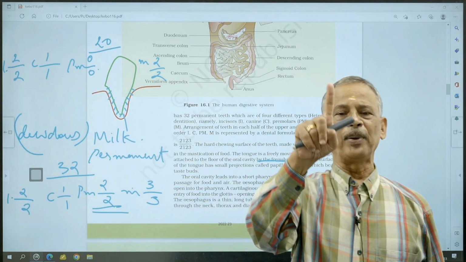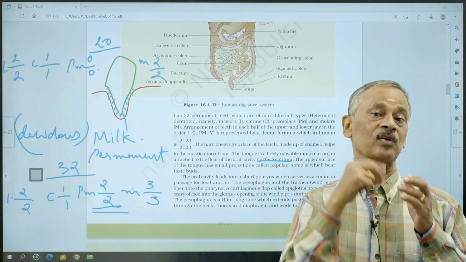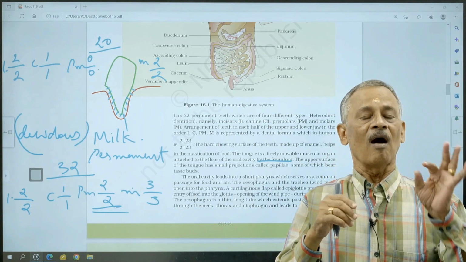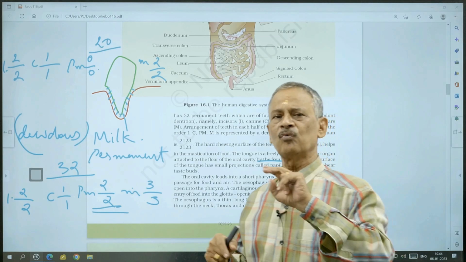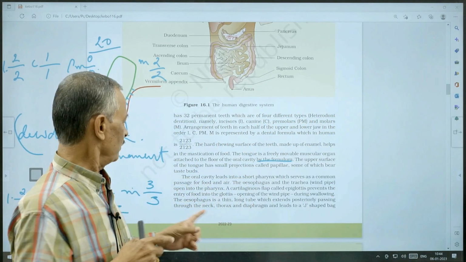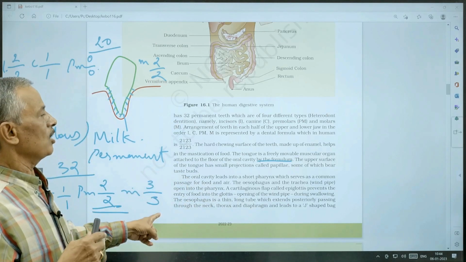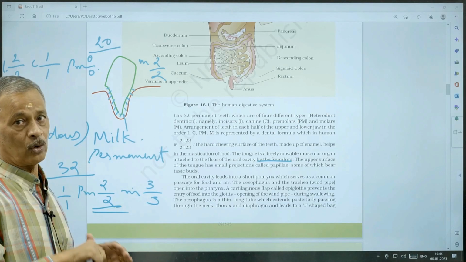are appearing only once. Since we are having two sets of teeth, normally our dentition is called diphyodont. Di means two, phyo means set. So, having two sets of teeth. Whereas the premolars and the last molar, that is the wisdom teeth, are monophyodont.